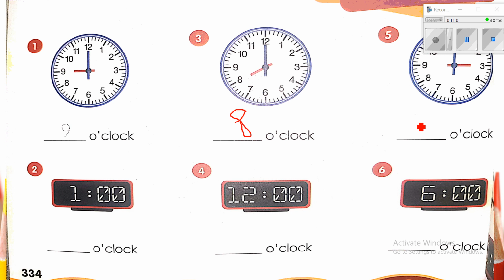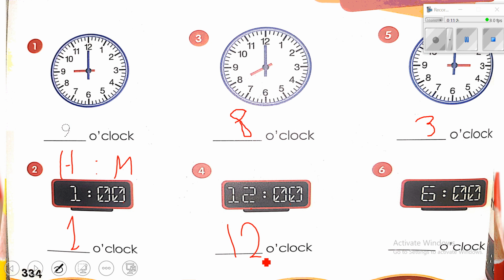What the time now? Perfect! 3 o'clock. Here is, remember, H-M. Here is 1 hour 0 minutes. Perfect! It's 1 o'clock. Here is 12 hours and 0 minutes.